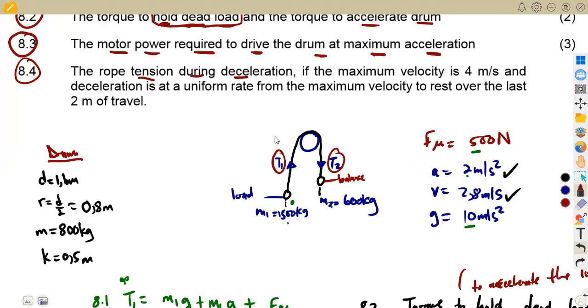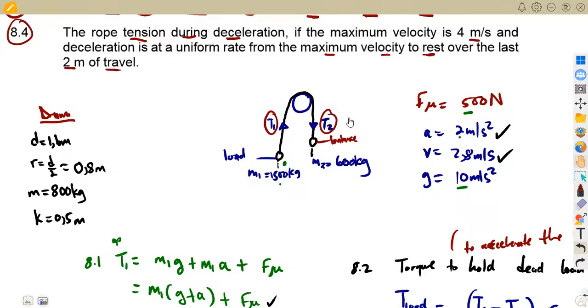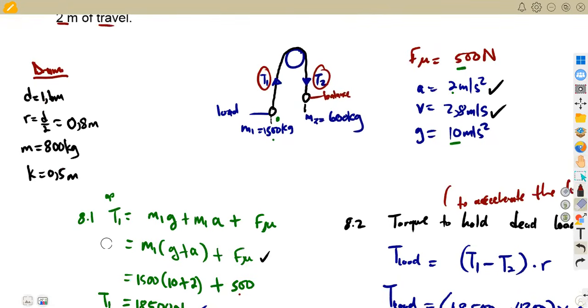If the maximum velocity is 4 meters per second and the deceleration is at a uniform rate from the maximum velocity to rest, meaning the final velocity is 0, over the last 2 meters of travel. We are given the distance, 2 meters. Let me just use this part here so that we do not have any confusion.